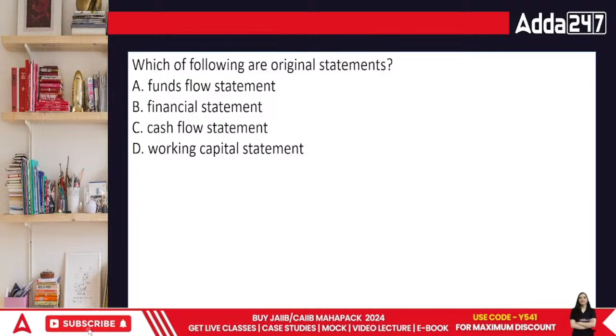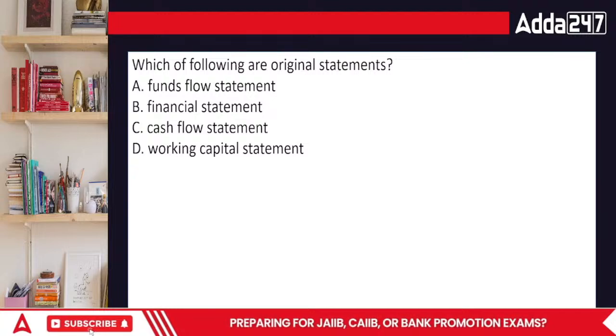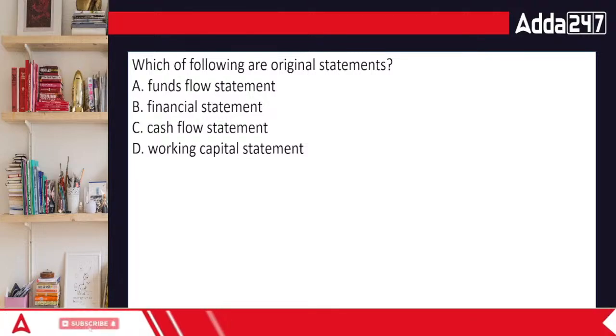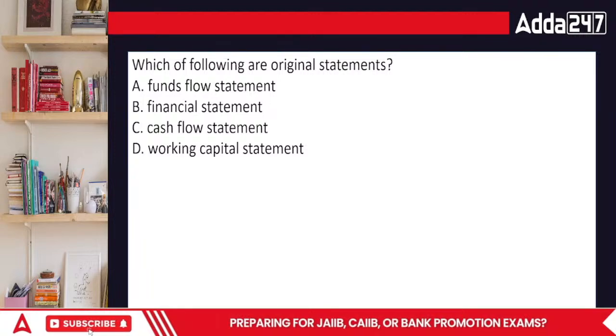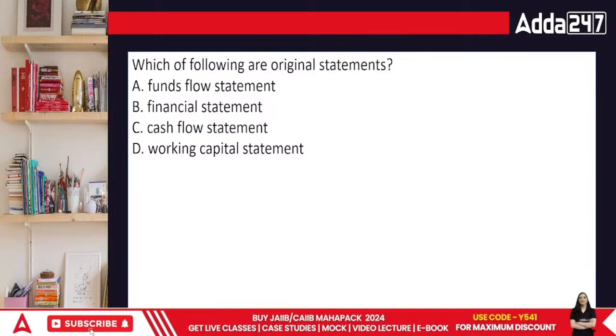There's a difference, right? Fund flow is created out of the balance sheet. Then financial statements are prepared from the journal, ledger, trial balance. So there is no specific big thing which is finalized already on the basis of which the balance sheet is prepared. Cash flow statement is prepared again from the balance sheet which is finalized.